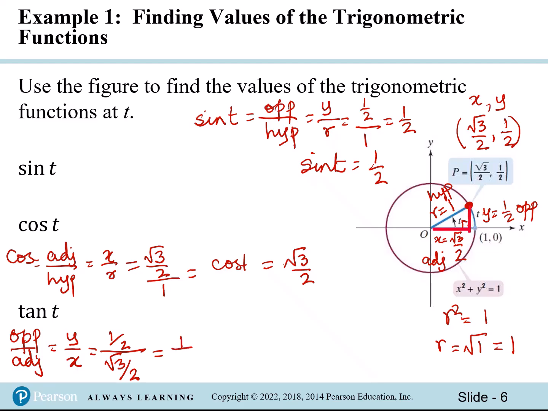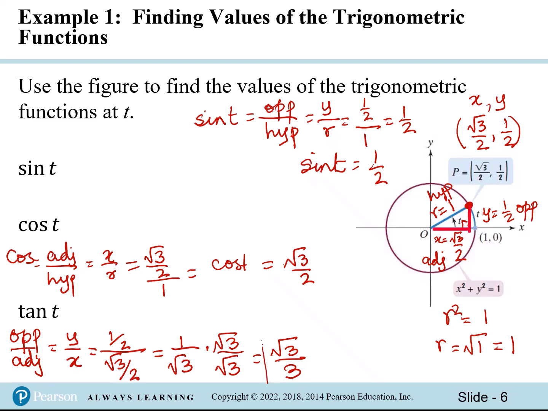And whenever there is a radical in the denominator, always make it a point to get rid of it by rationalizing. How do we do that? We multiply both the numerator and the denominator by square root of 3 to get a value of square root of 3 divided by 3. And that should be the final answer for tan of t.